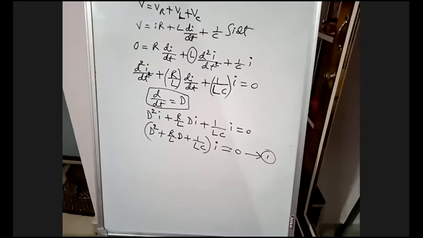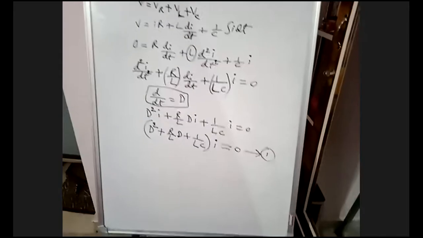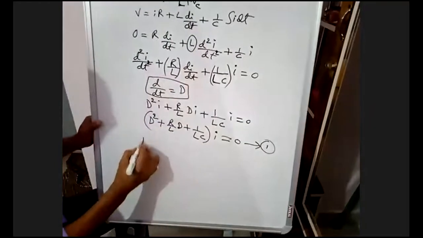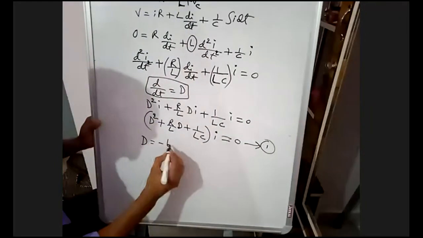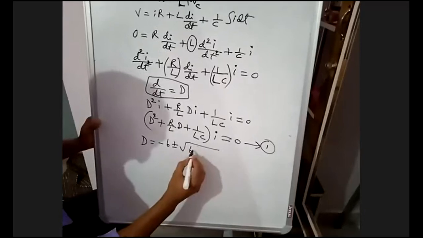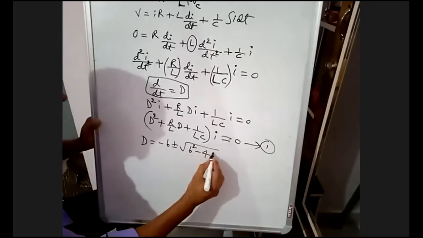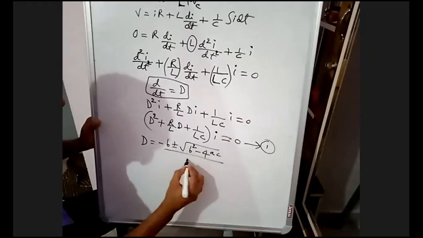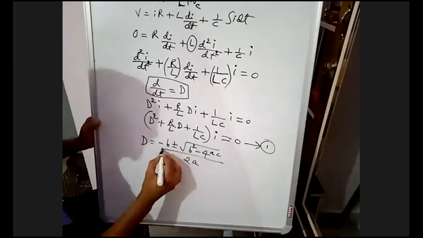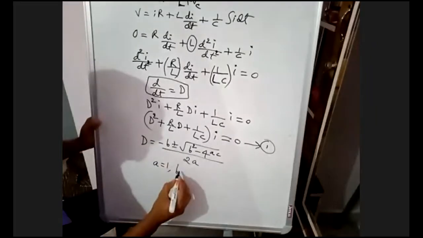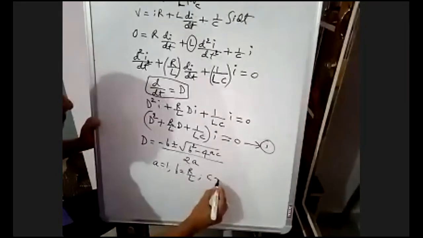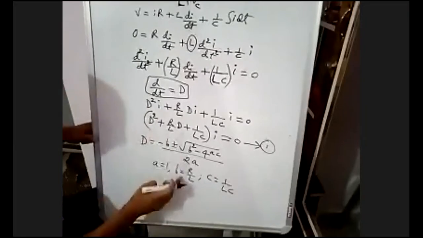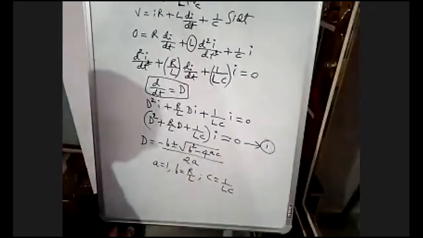First, it is a second order equation. See, D square is there. I'll determine the roots for this equation. In this equation, D square coefficient a is equal to 1, b is equal to R by L, c is equal to 1 by LC.